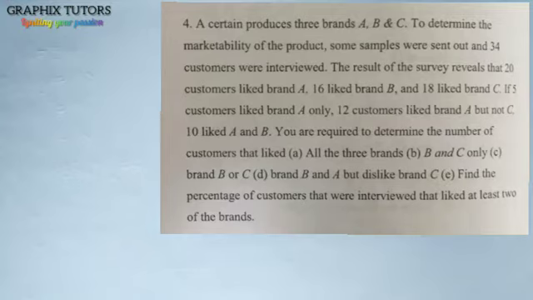The result of the survey reveals that 20 customers liked brand A, 16 liked brand B, and 18 liked brand C. If 5 customers liked brand A only, 12 customers liked brand A but not C, 10 liked A and B, you are required to determine the number of customers that liked A, all the three brands, B and C only, brand B or C, brand B and A but dislike C, and find the percentage of customers that were interviewed that liked at least 2 of the brands.